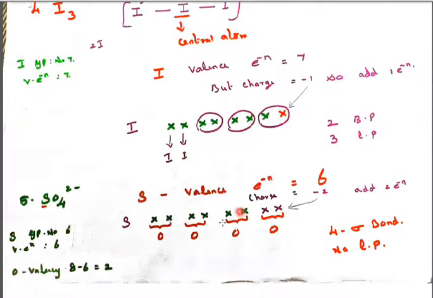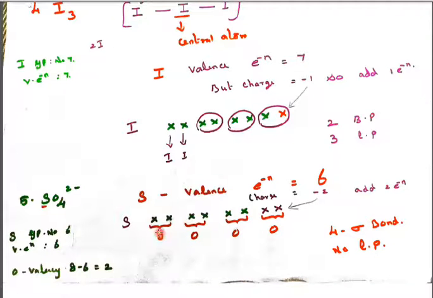Next example, SO4 2 minus. Sulfur group number 6, oxygen family. The valence electron is 6: 1, 2, 3, 4, 5, 6 electrons. It is raised to the power of charge 2 minus, so 2 extra electrons are added. Here oxygen's combining power is 2 because the valency of oxygen is 2.